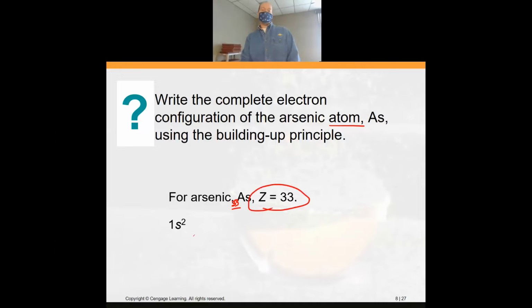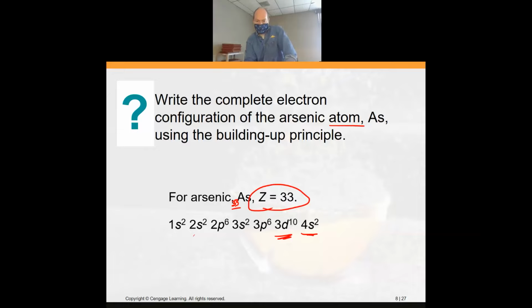So we have 1s2, 2s2, 2p6, 3s2, 3p6, and then 4s2. And note the gap that they put there, because they know what's coming next. They know after the 4s2 is going to be the 3d.